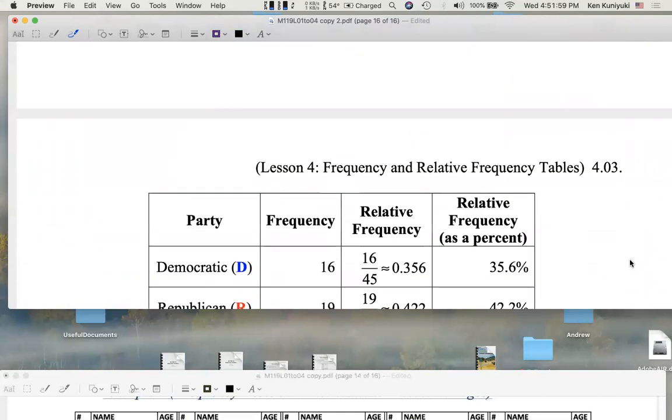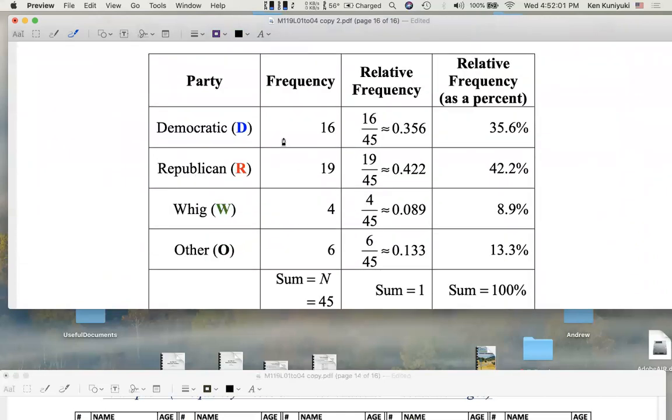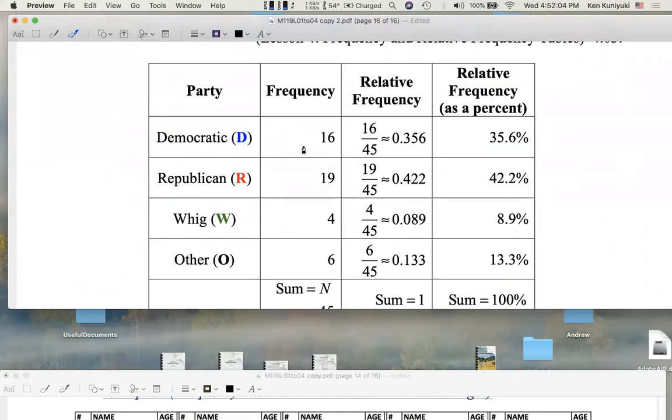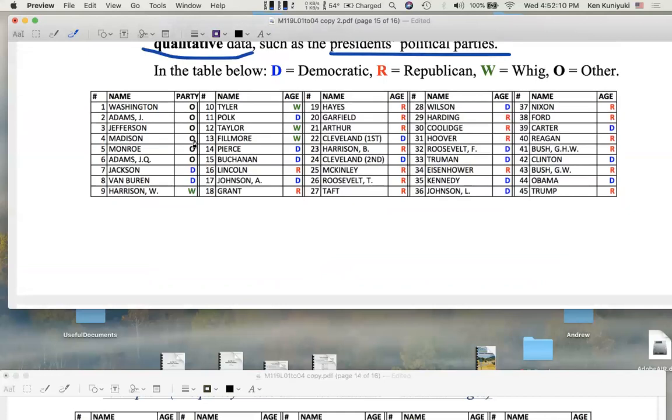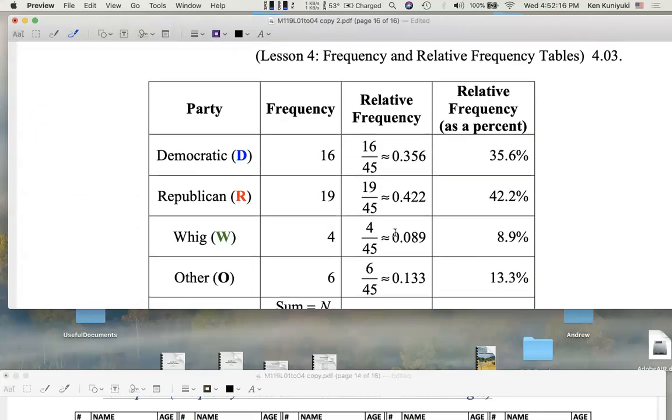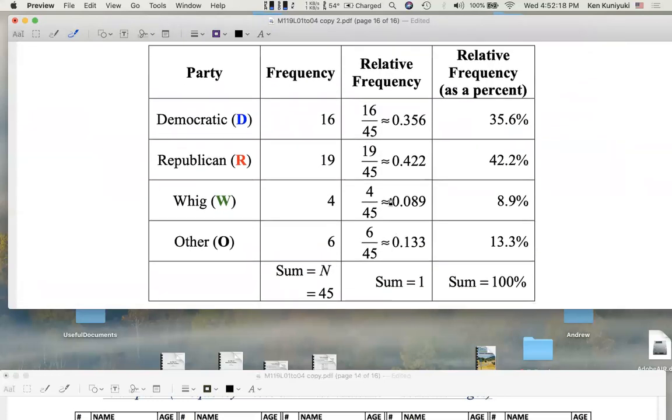All right, well, you can do a frequency table. We've had 16 Democrats, 19 Republicans, 4 Whigs, and 6 others. In fact, the first 6 presidents were others, mostly Federalists and Democratic Republicans. But again, these frequencies should add up to capital N, 45.